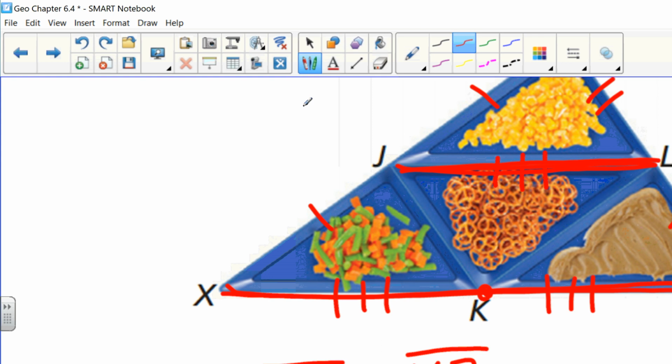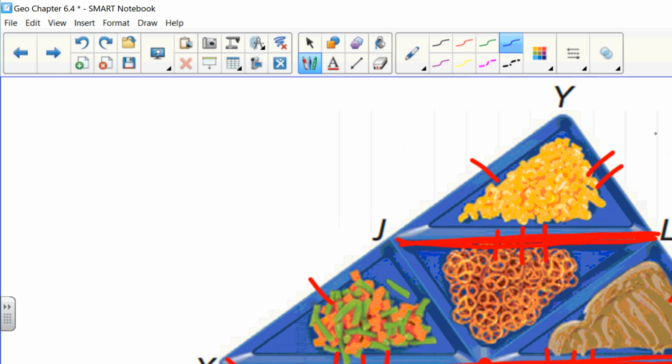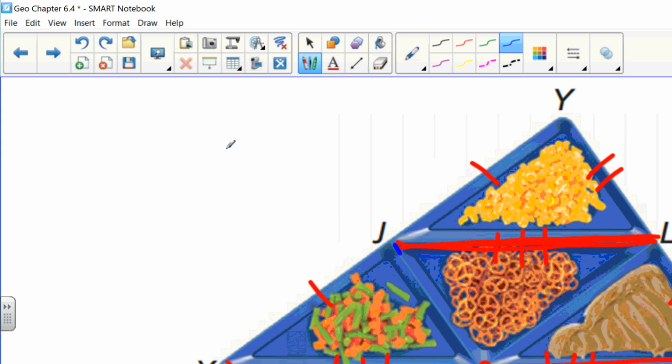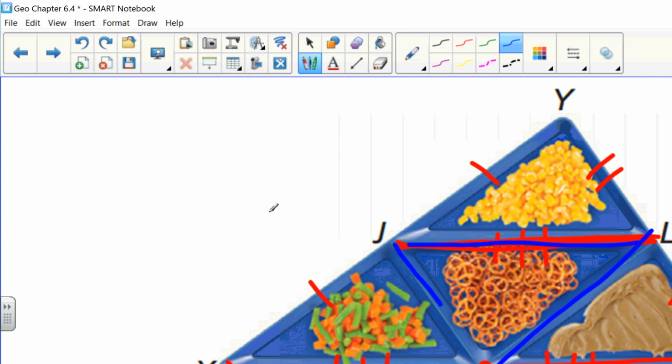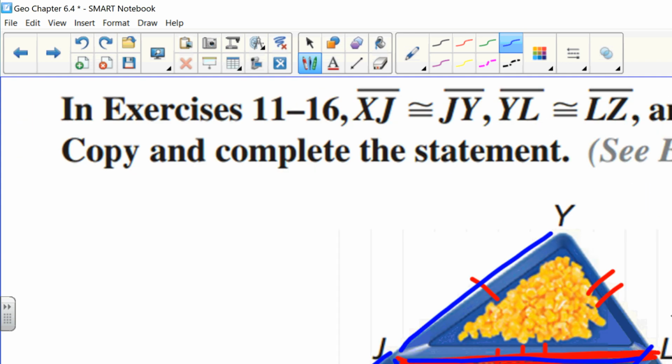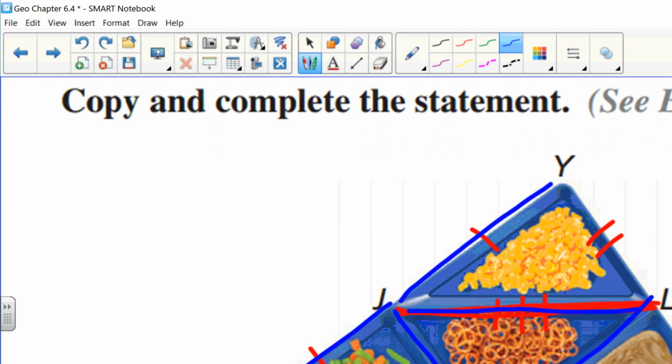So all three of these would be congruent to each other. If it was KL, then XJ would be congruent. KL would be over here. And then XJ and JY.